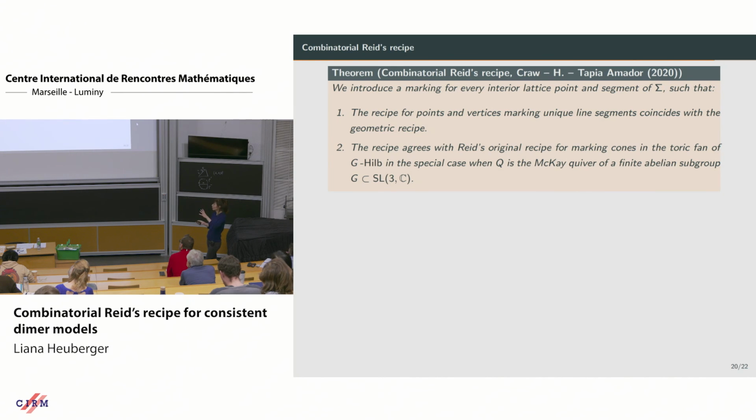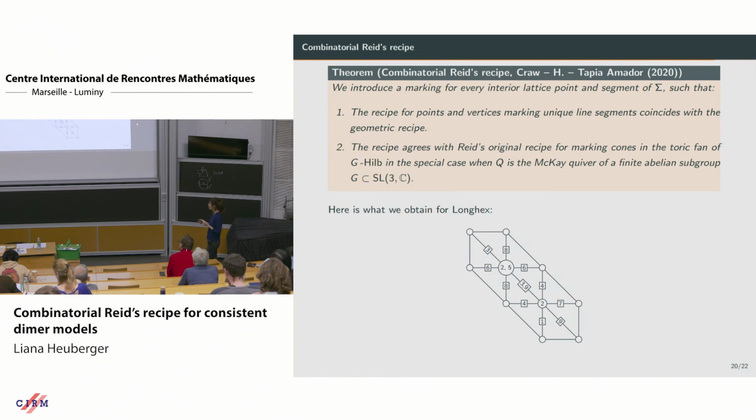But we needed to basically rephrase everything in terms of dimer model combinatorics. Okay, so we managed to obtain this in this case. So a bunch of new things happened that didn't happen for triangles.